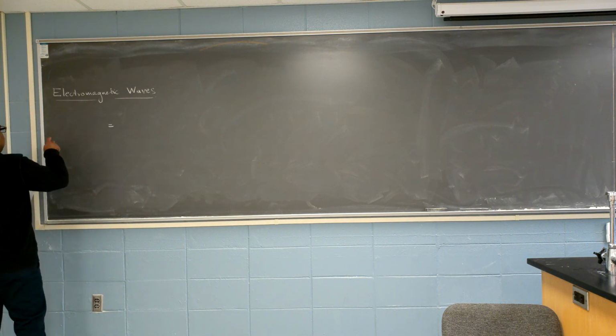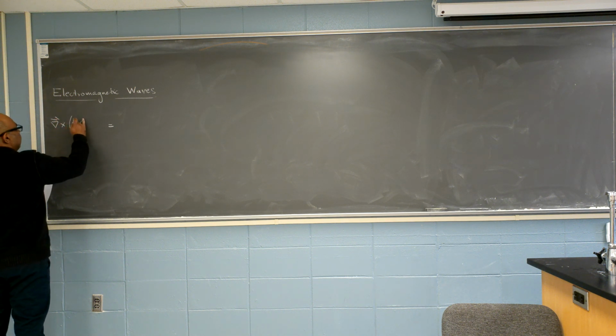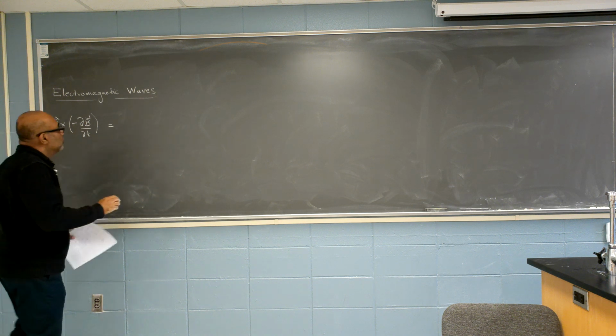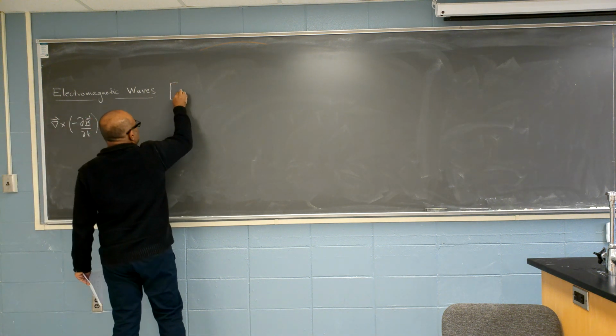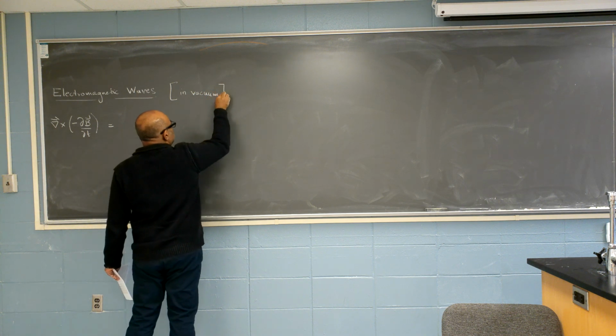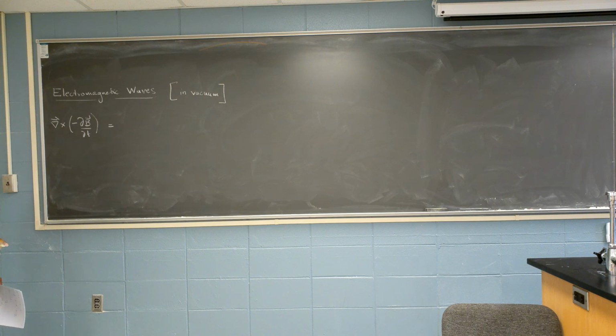So, on the one hand, I'm going to do this. Del cross del cross E equals minus d/dt of del cross B, from Faraday's law, in vacuum. What does that mean? Rho equals 0 and J equals 0.